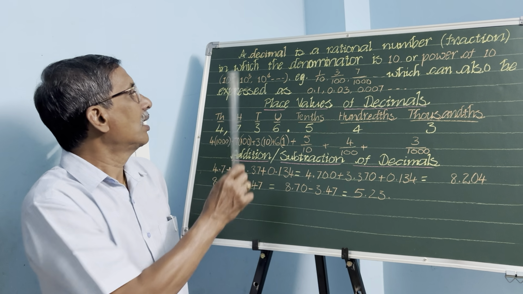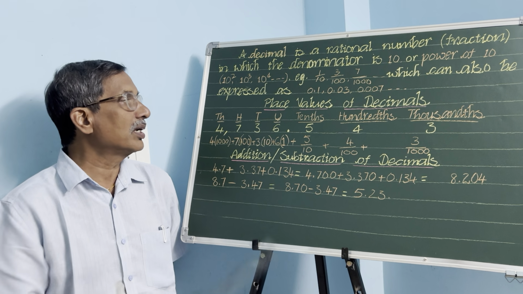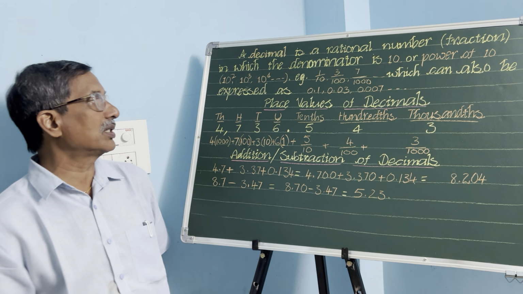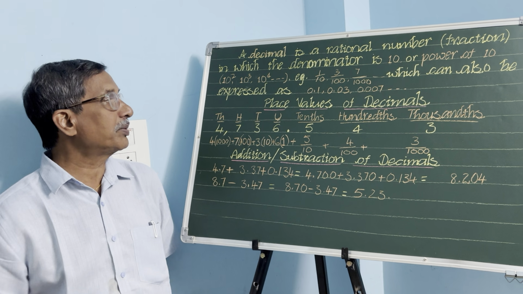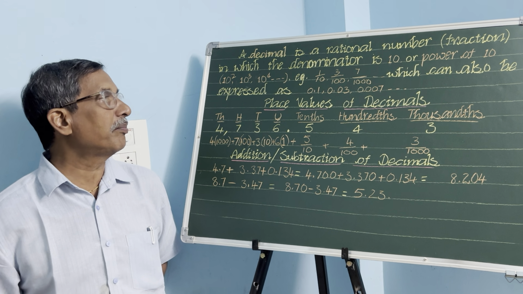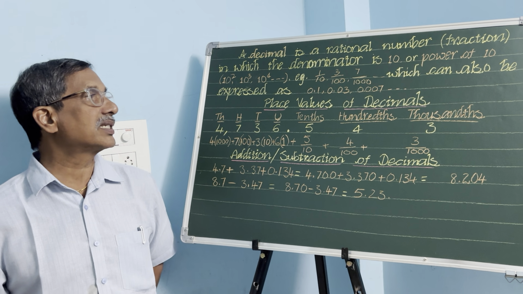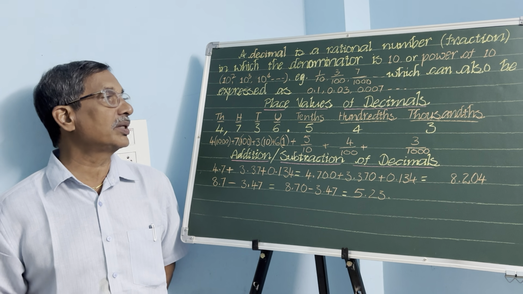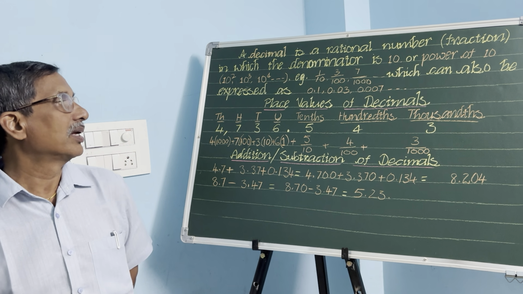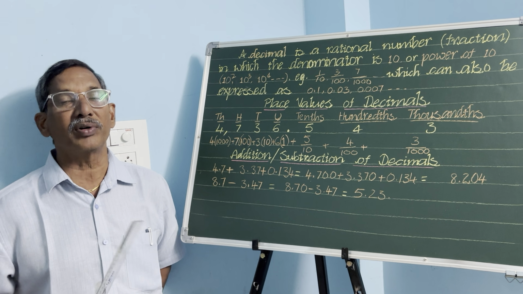Decimal fractions can also be expressed as 0.1, 0.03, 0.007. 1 by 10 can be expressed as 0.1, 3 by 100 can also be expressed as 0.03, and 7 by 1000 can also be expressed as 0.007.